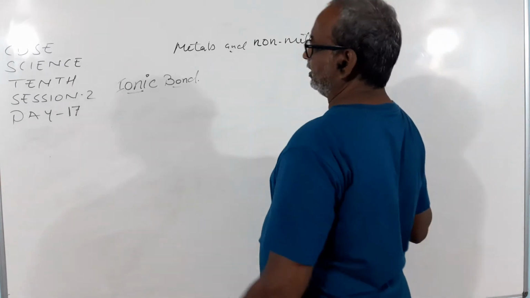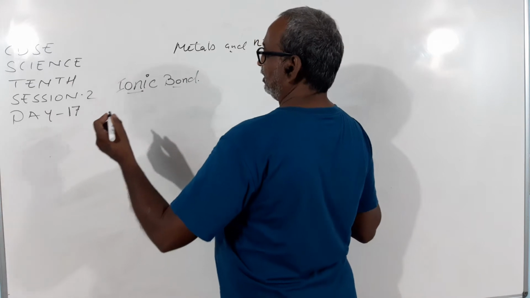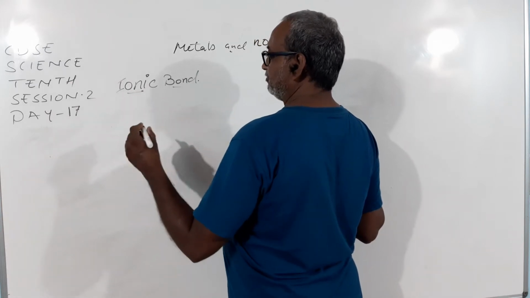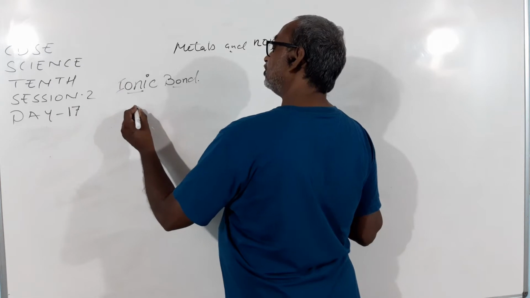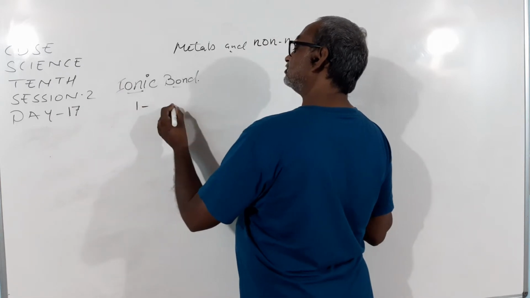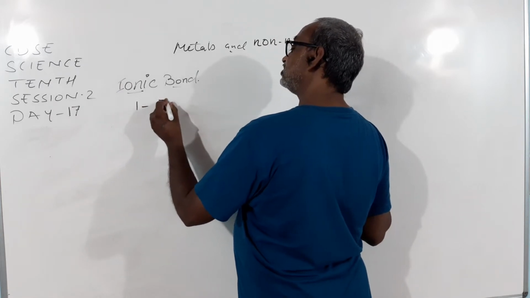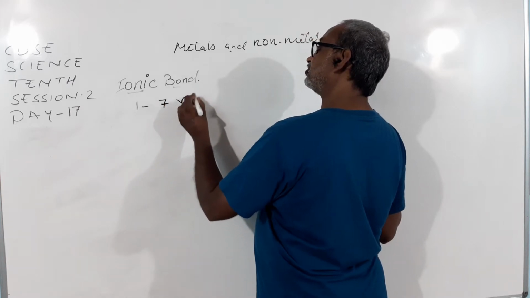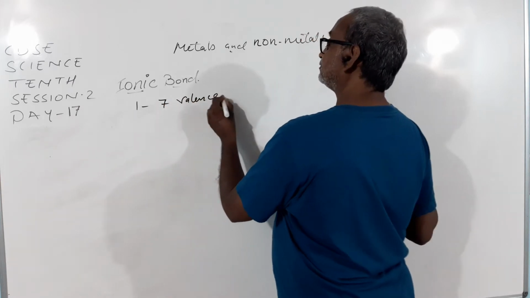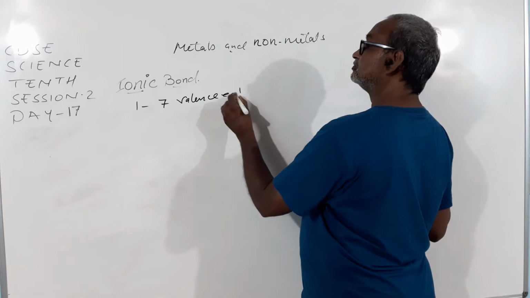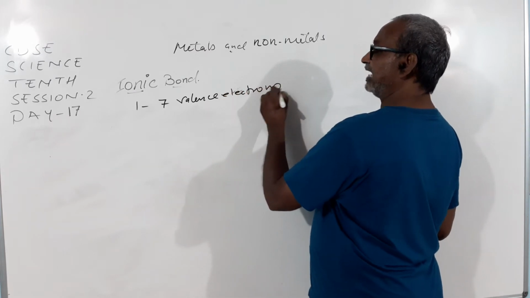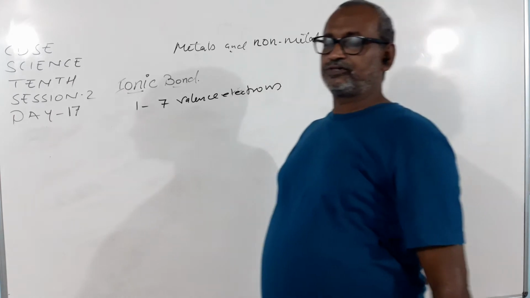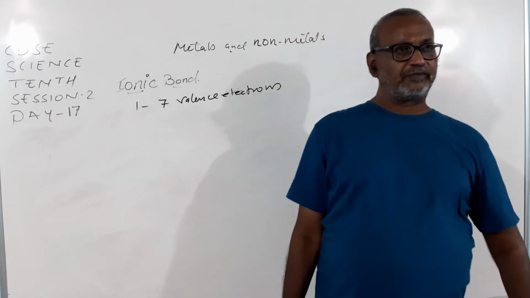You are all familiar that elements usually have 1 to 7 valence electrons, that is, electrons in their outermost orbit.